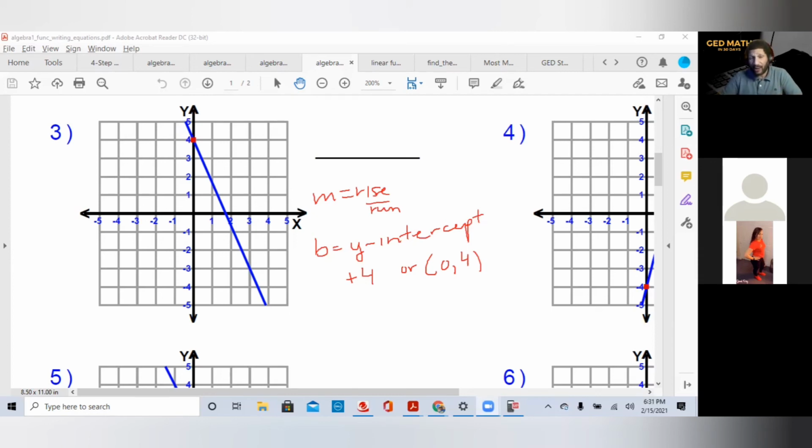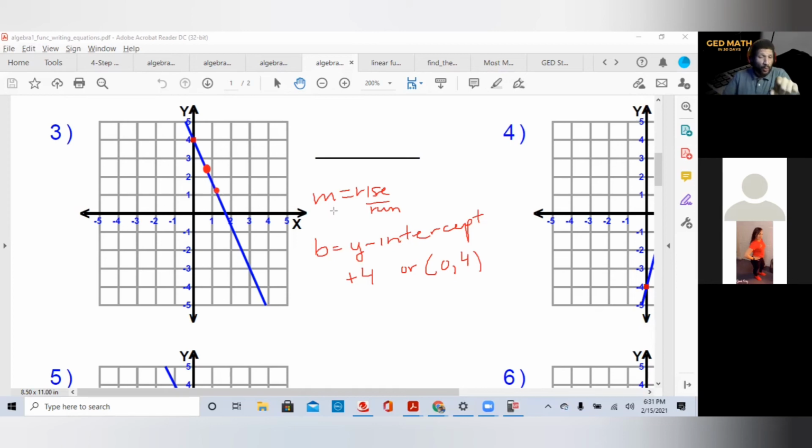But my question to you is, how can I figure out my second point so I can calculate my slope? Let me ask you a question. Can I use this point here? First of all, is this a point on the line? Yes, that is a point on the line, but we don't want to use it to figure out the slope.